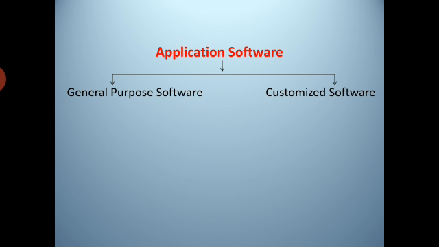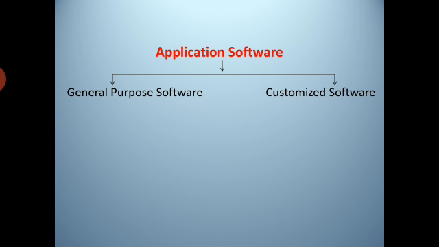There are two types of application softwares. They are general purpose software and customized software. General purpose softwares are the softwares designed for general day-to-day applications and uses. Some of these popular general purpose application softwares are MS Word, Spreadsheet, PowerPoint, MS Access. Customized softwares.